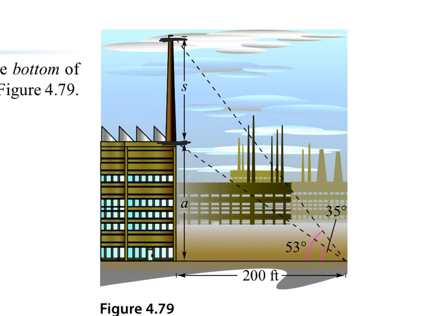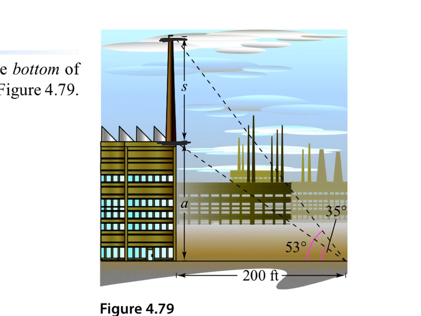Because how many triangles do you guys tell me there are? 2. Think about it. There's 2 triangles. I have a littler triangle and a bigger triangle, right? The little triangle is at the bottom of the smokestack. The big triangle is at the top of it. Do both. And do what, Lauren? Subtract. Good. Very good.